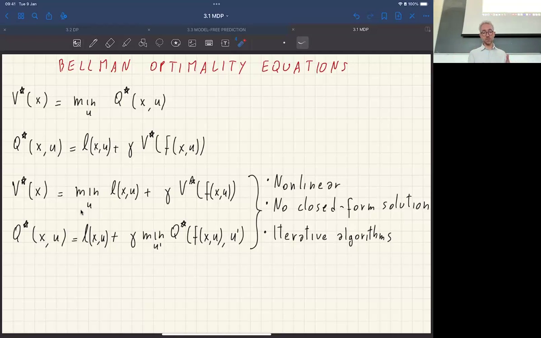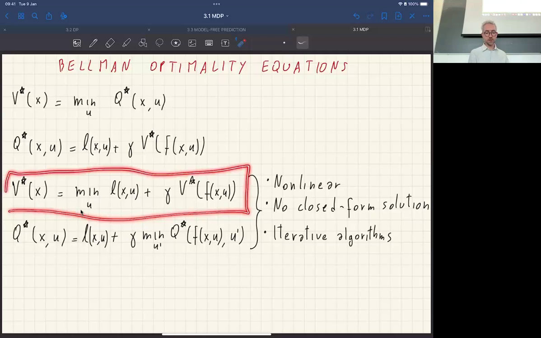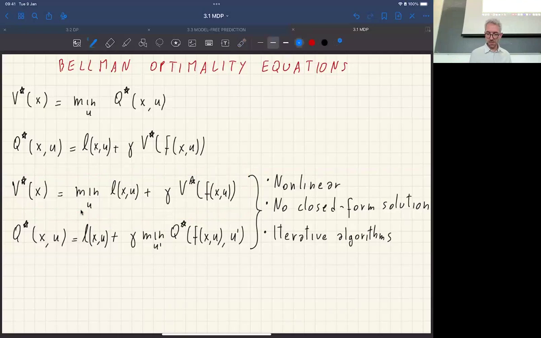Can you see what is making it nonlinear? For instance, this one, which is very similar to the one I've written down before. Why is this a nonlinear equation in V star? You should think of it as V star equals min of L plus gamma P V star.